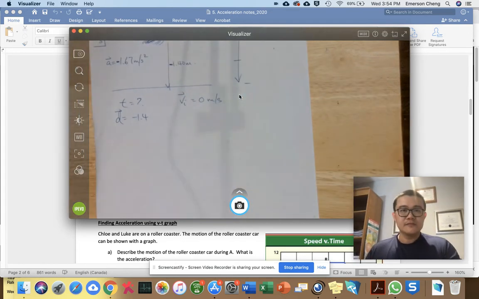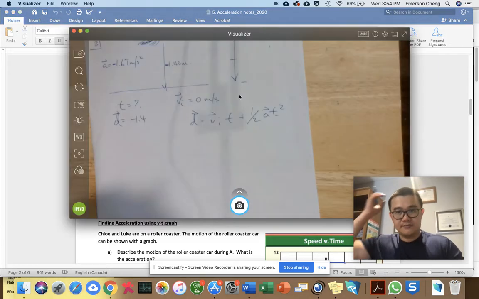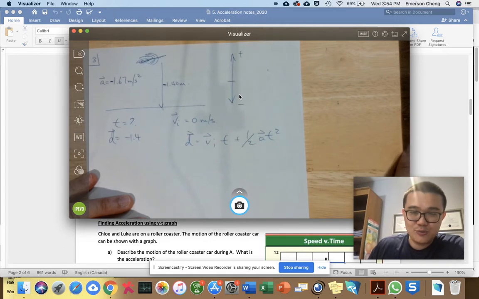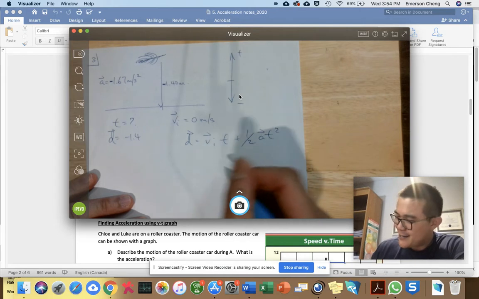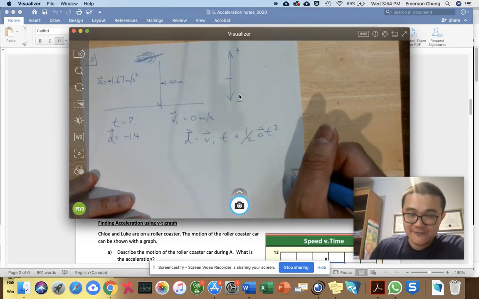Now, in this case, your formula is d equals vi t plus 1/2 at squared. Awesome. So in this case, you're solving for t. Now, this is a super fun question. So that's the equation. You're going to plug all the fun numbers in.